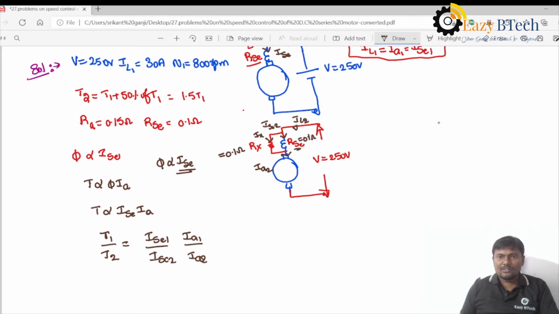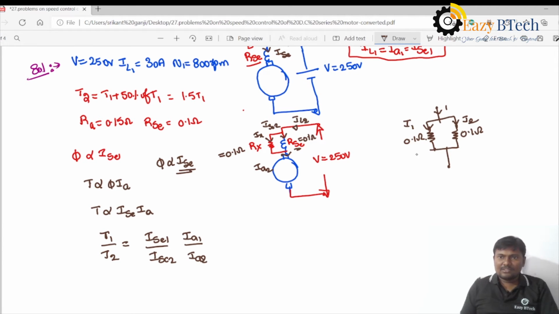So if you draw it separately like this, two equal resistors, this value is 0.1 ohms and this is also 0.1 ohms. The current flowing through this one is I1 and the current flowing through this is I2.